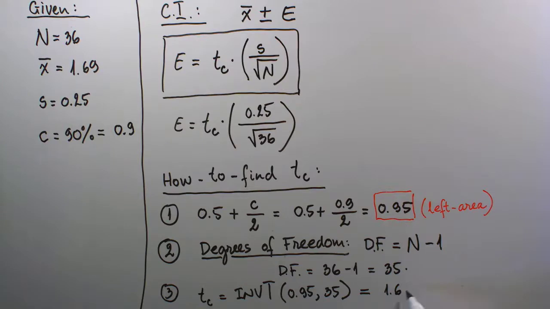So it was 1.68957 and a lot longer. But now, rounding to 3 decimal places as my plan for this particular video, we are forced to round to 1.69 right there. And that's our t sub c value.